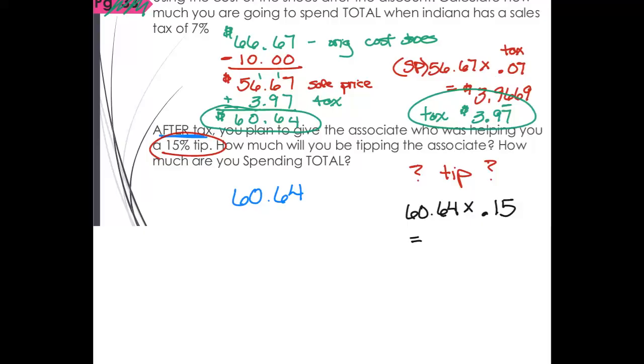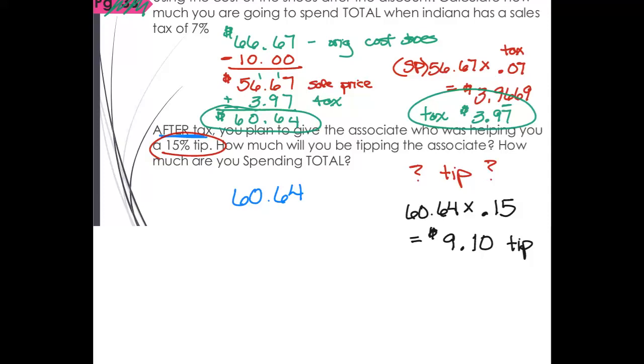Come on, this is not the Riley show, although I really appreciate your help, Riley. $9.10. Wow, that's a lot for a tip. Is everybody getting that? I don't have that with me, but okay. So this is the tip. Was it $9.10 exactly?